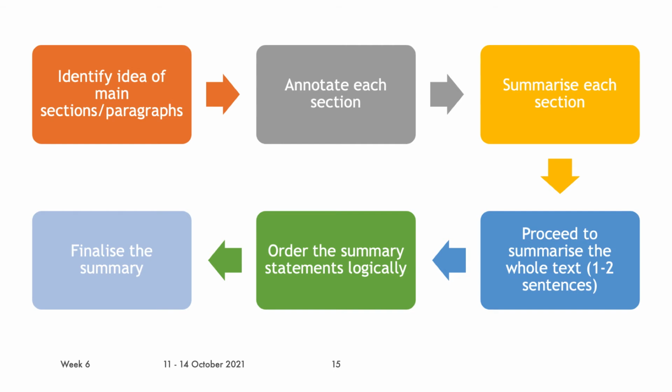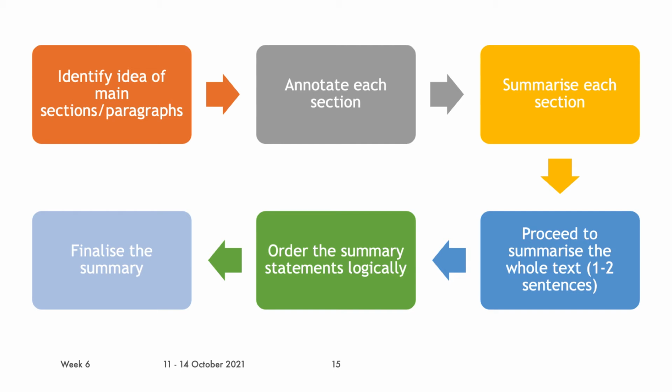So the process of summarizing, of course, is not just writing, but how you are going to read the text in the beginning, and you would want to take notes next to the passage. Maybe you would jot some margin notes, and then you will summarize each section. If the text is in paragraphs, you summarize each paragraph first, and then decide what to keep and what not to keep.